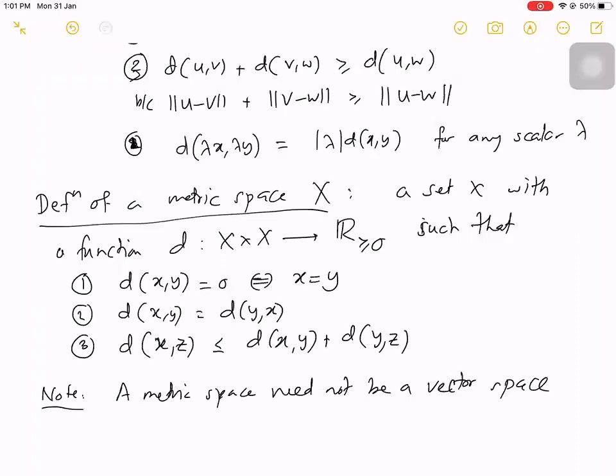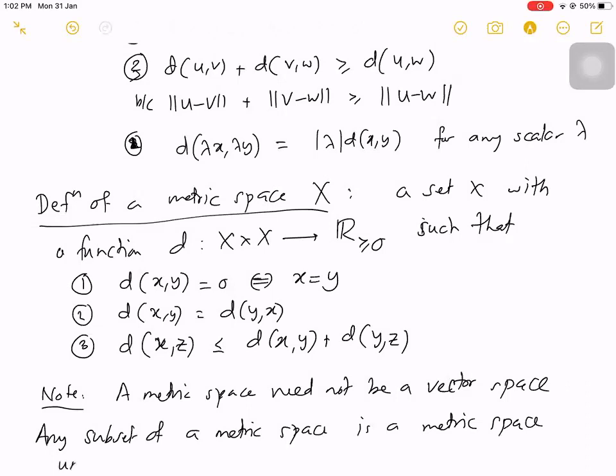So your space did not have to be a vector space, but now I have some notion in terms of which to discuss arbitrary subsets of R, because I still have distance, under the same distance function.